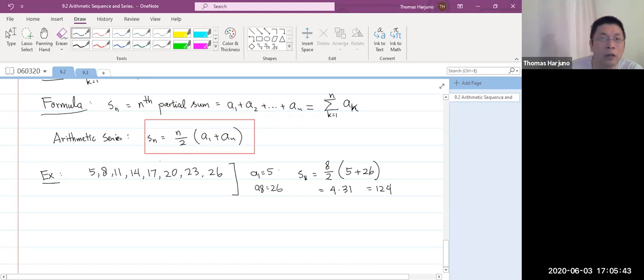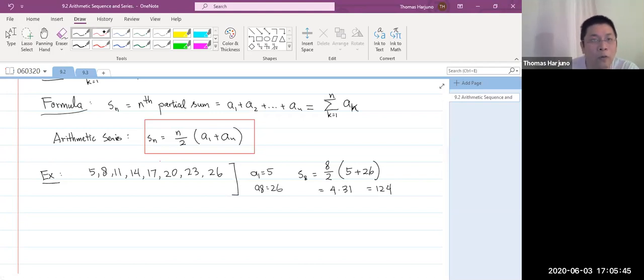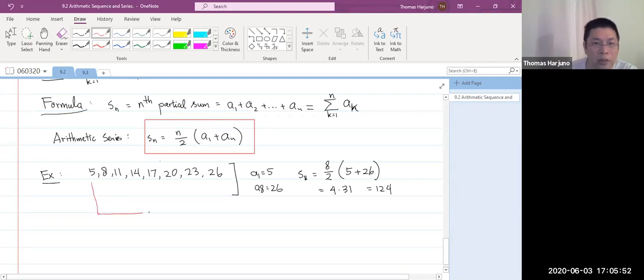But the key of the proof is actually from the following observation. Notice that when we add the first term and the last term, the sum is the same as if we add the second term with the second from the last.